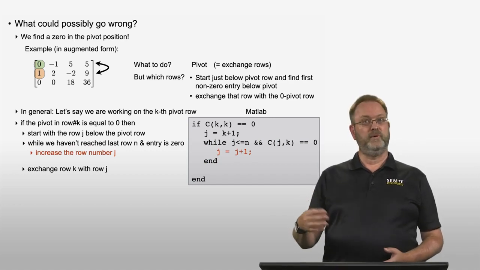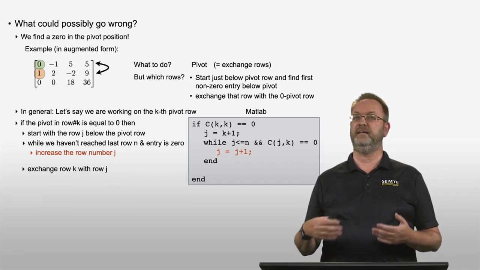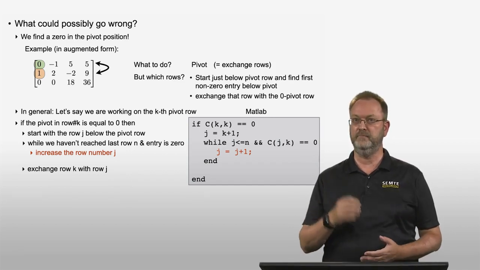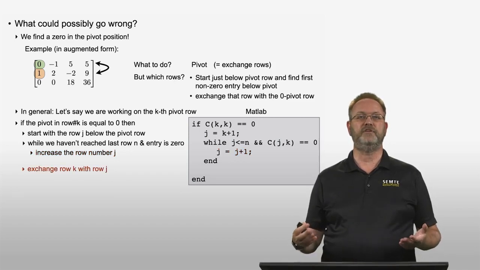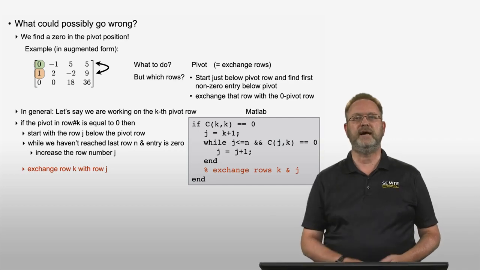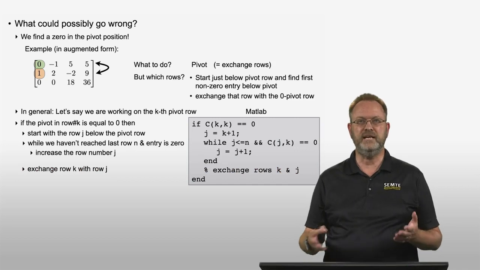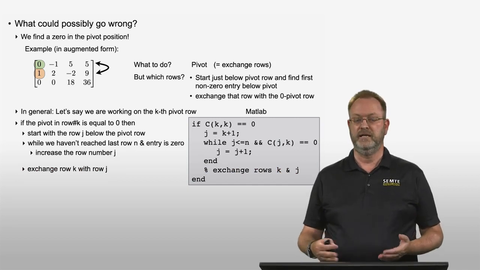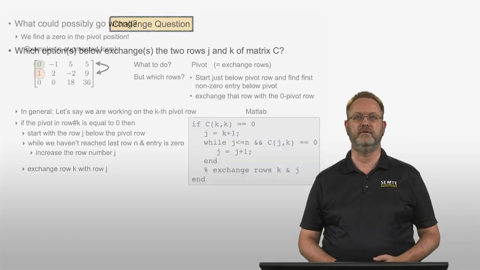This while loop will exit if we find an entry in the pivot column that is not equal to 0. Then we have to exchange row k with row j, and I'm just going to write this as a comment in here for now. Okay, so this is the algorithm that would let us exchange rows if we find a 0 in the pivot position.